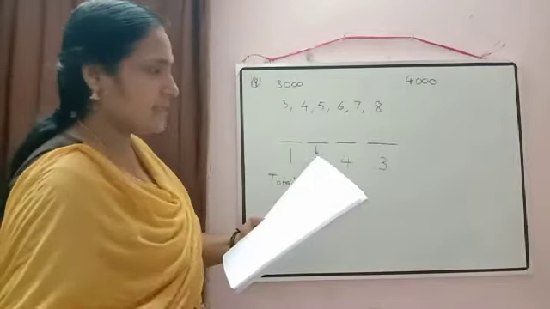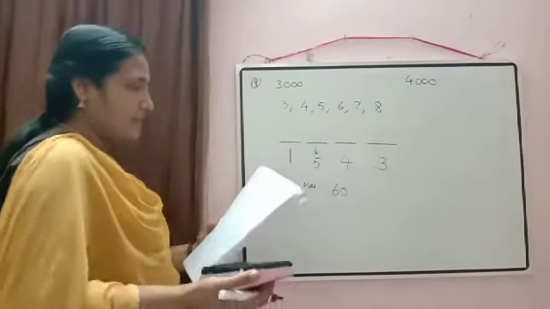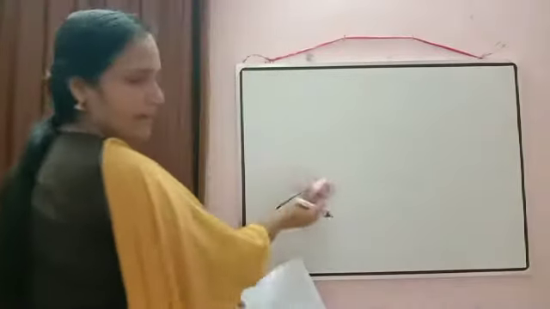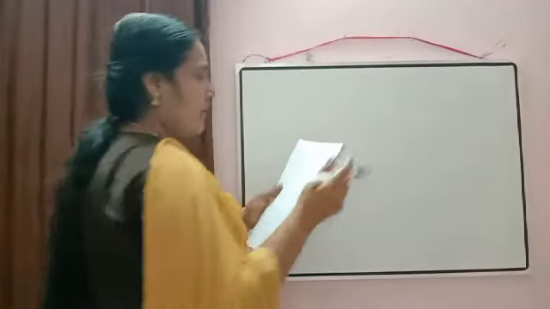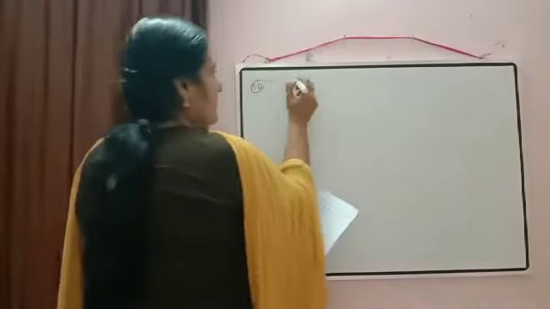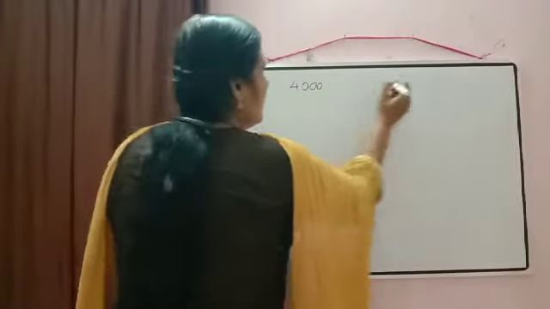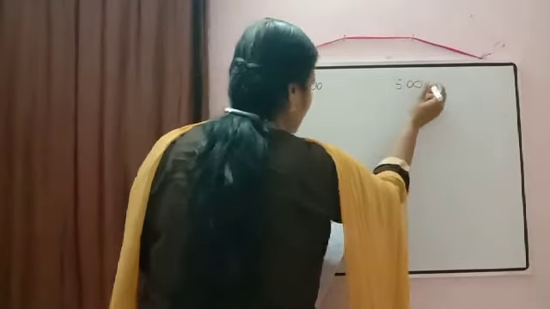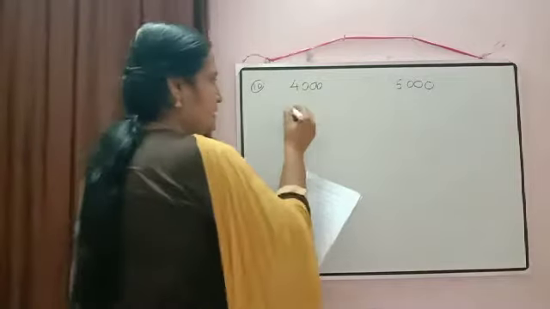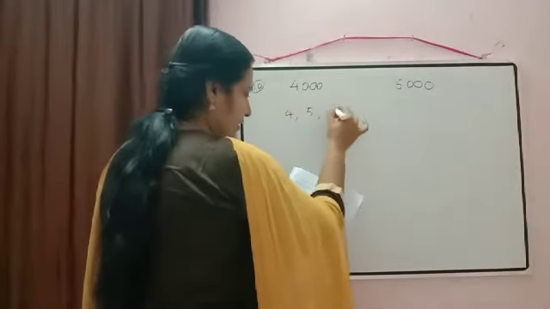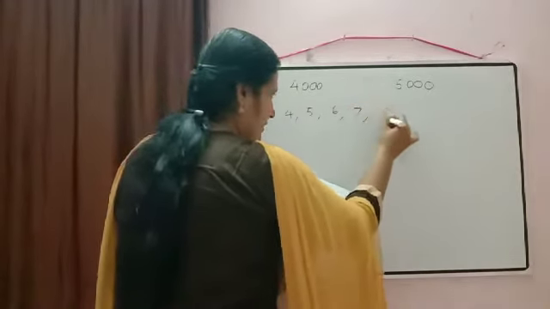Now the next one: how many numbers divisible by 5 and lying between 4000 and 5000 can be formed from the digits 4, 5, 6, 7, 8.